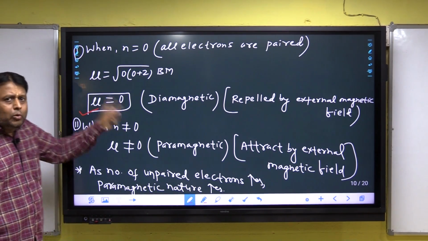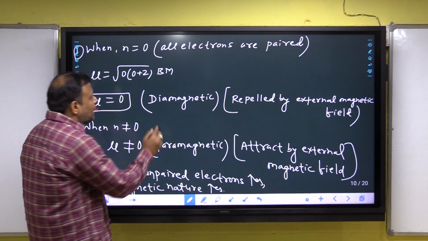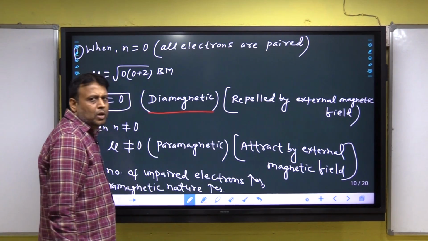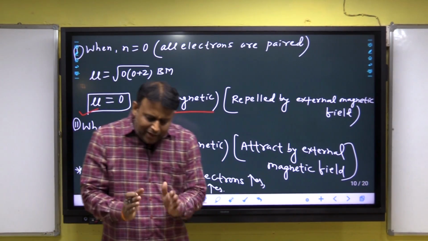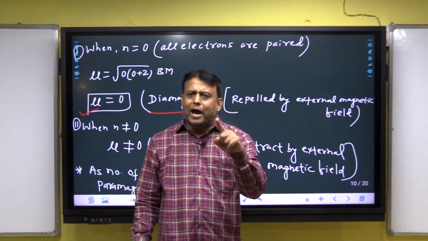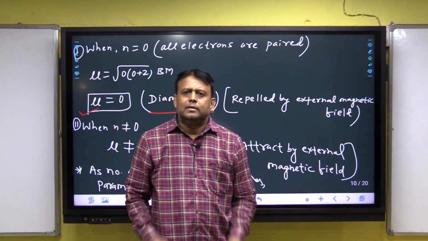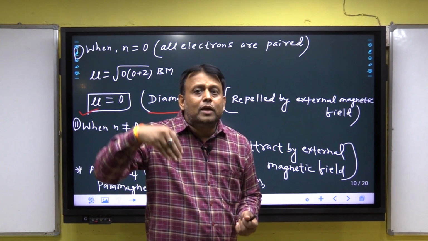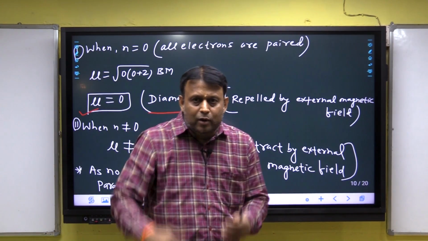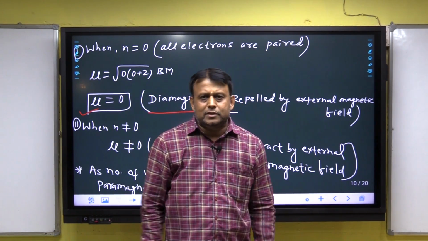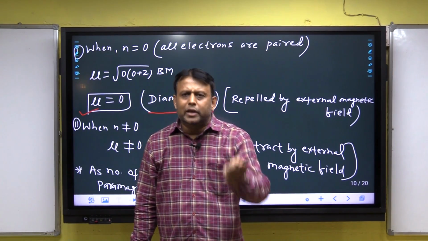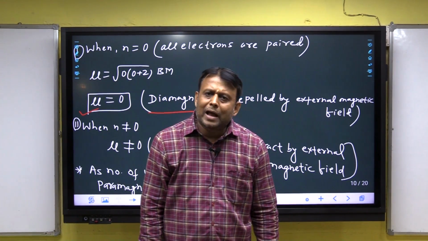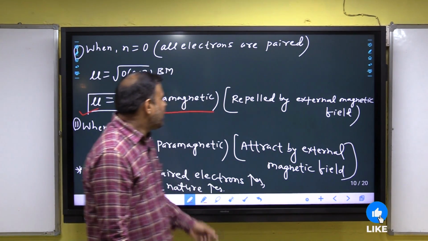When mu is 0, it is called diamagnetic. When the magnetic moment value is not 0, it is called paramagnetic. And when the magnetic moment value increases, paramagnetic nature increases.